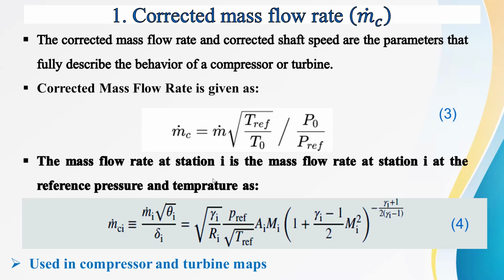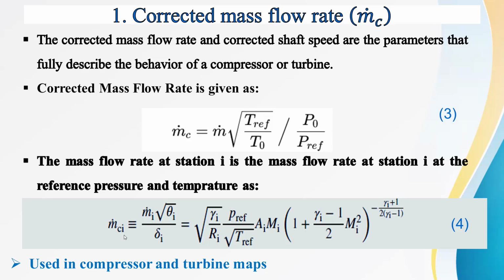So m_c is related with the actual mass flow rate, m, by the temperature ratio divided by the pressure ratio. The mass flow rate at station i is the mass flow rate at station i at the reference pressure and temperature.